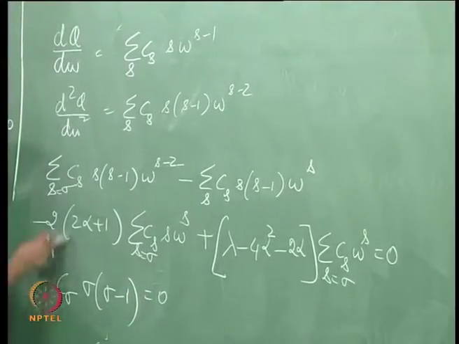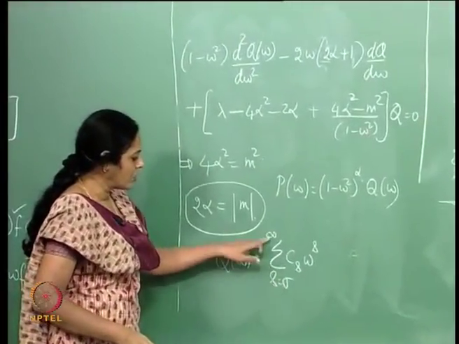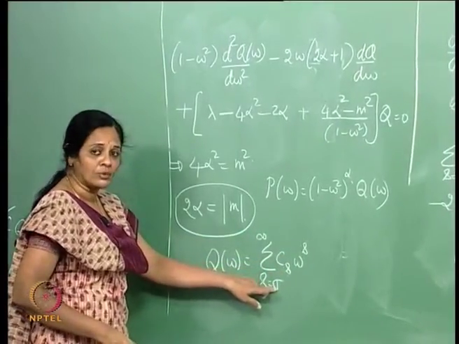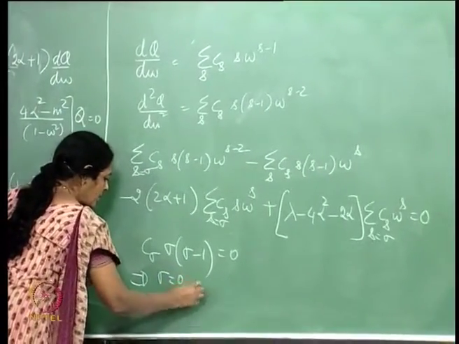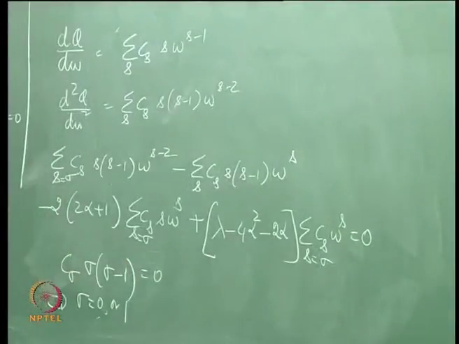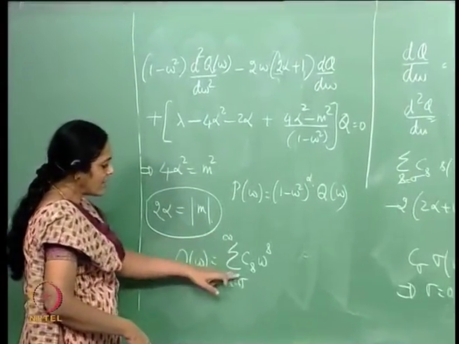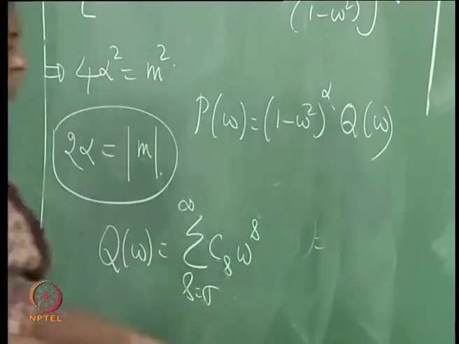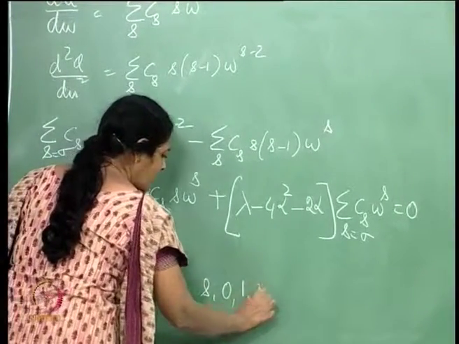But c sigma is not 0, because you have written the series as the sum from s equals sigma to infinity of Cs w to the s, and the lowest non-zero contribution comes from sigma. Since c sigma is not 0, sigma is 0 or 1. So, this series starts from s equals 0, and s takes only positive integer values. This becomes an important thing, implies s takes values 0, 1, 2, 3 and so on.